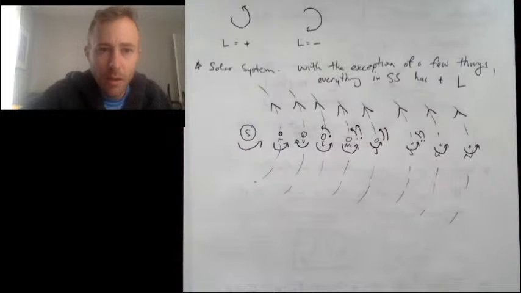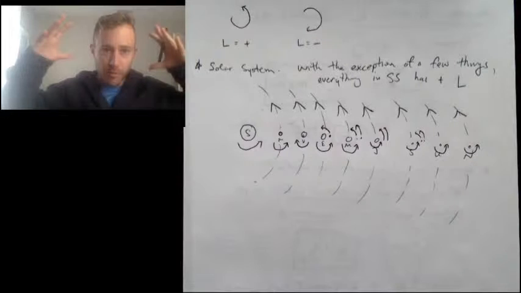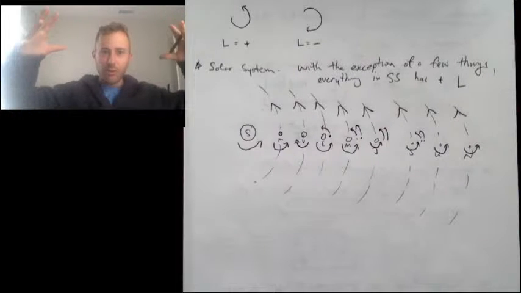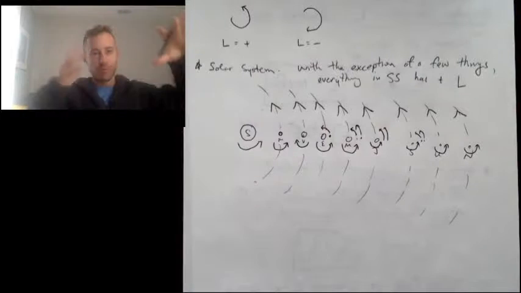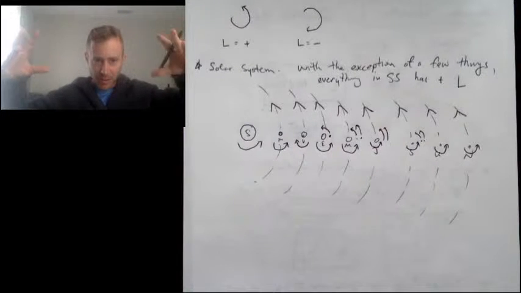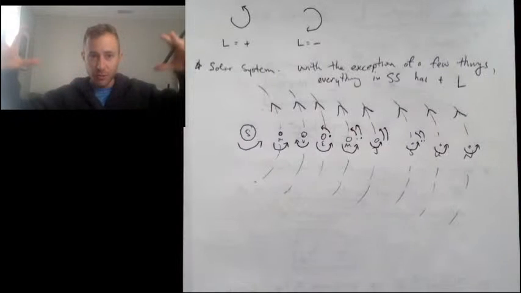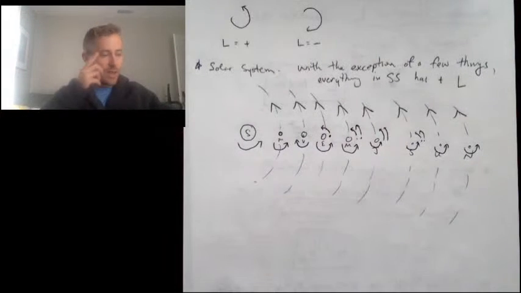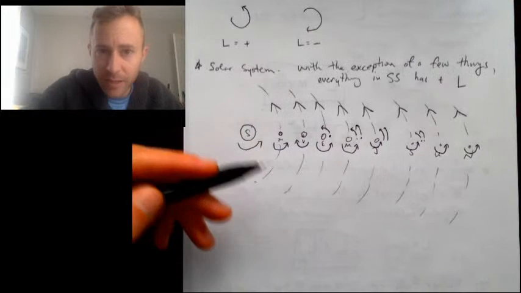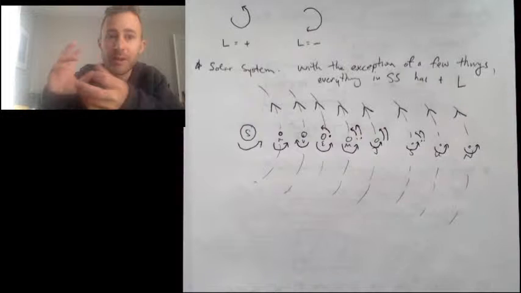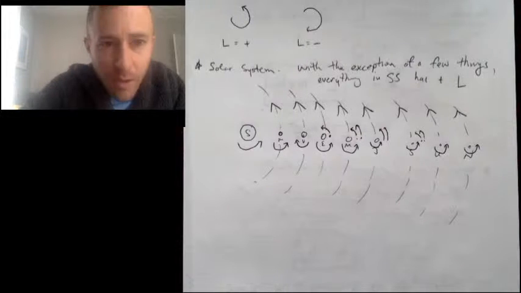Well, we believe that the solar system formed from a single cloud of gas, and that cloud of gas had positive angular momentum. And then that cloud of gas started to condense due to its own gravitation, and as it condensed, we had basically planets and stars condensed out of that cloud, and so as a result, they were all spinning counterclockwise.